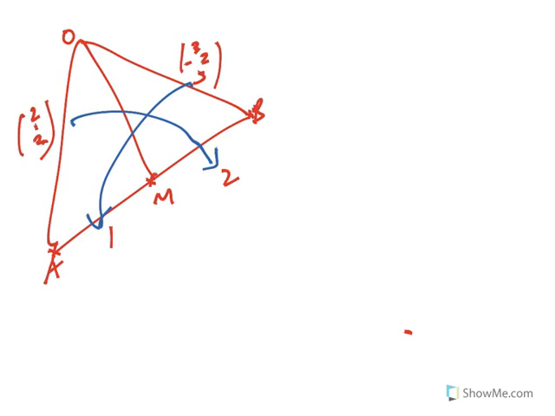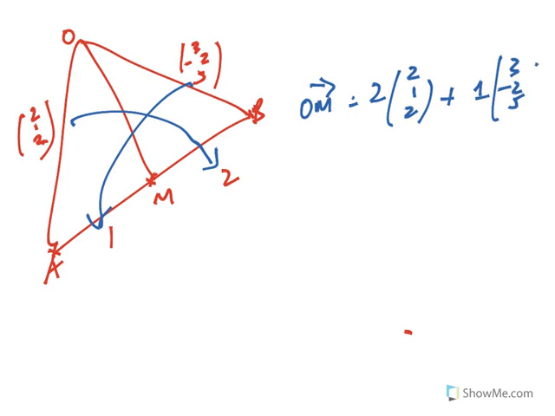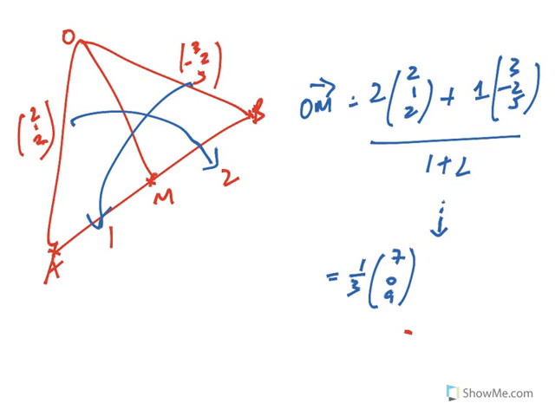Then very quickly, OM equals 2 times (2, 1, 2) plus 1 times (3, -2, 5), over 1 plus 2. The answer comes out, and from here I think slowly you all can solve. You get 1/3 of (7, 0, 9). Anyone cannot get? Whether it is a careless mistake or a concept mistake, remember, your essay.